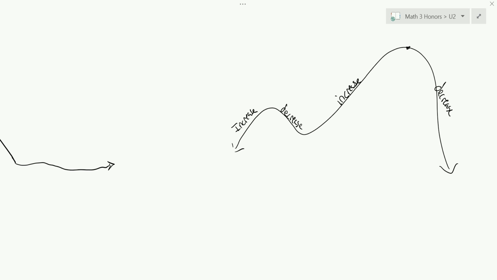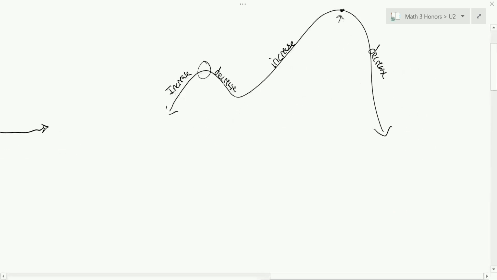It's the point where it changes from increase to decrease. So by that definition, how many maximums are there here? 2. So we got a maximum at that point and a maximum here, right? So relative maximum doesn't mean absolute maximum. There can be more than one, but it has to be the point where it changes from increase to decrease.